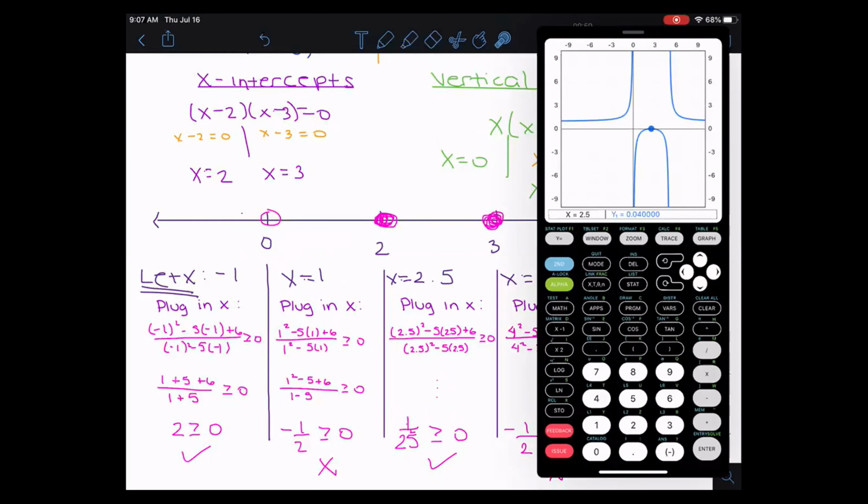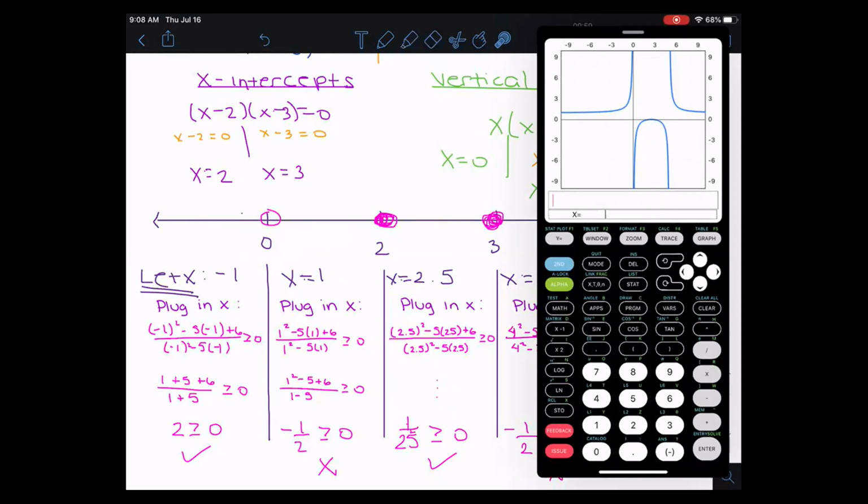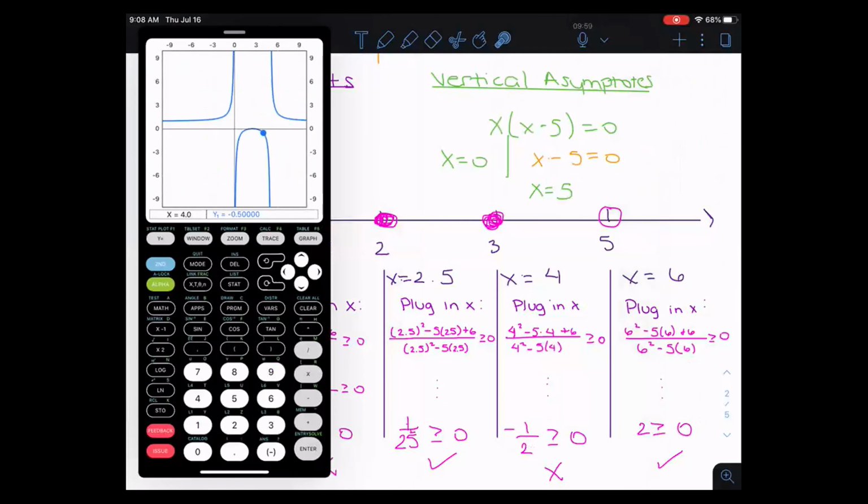Now you can do the same thing. Again, you can also just evaluate this normally. If you plug in 4, you get that this is approximately equal to -1/2, which is what we have here. So -0.5, that is -1/2, and that is not greater than or equal to 0. So this part doesn't work.